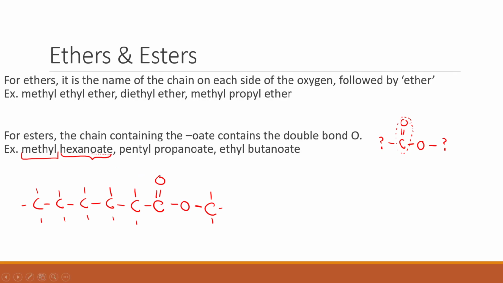When we look at another one, let's look at pentyl propanoate. Again, we're going back to front. OATE tells me it's an ester, so I know that I should be starting with my ester functional group here. Propanoate means that I should be starting with 3 carbons. Prop is the prefix for 3 carbons.